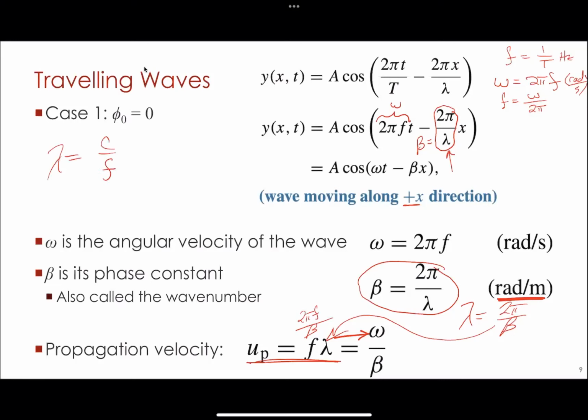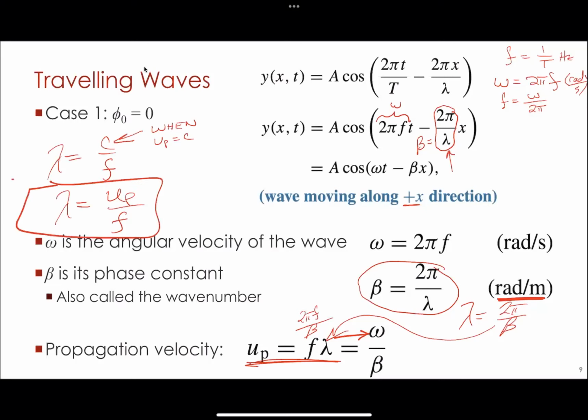And here, if we solve that for lambda, we would have lambda equals UP over f. C is a special case, this is when UP equals C. This is the generic one.